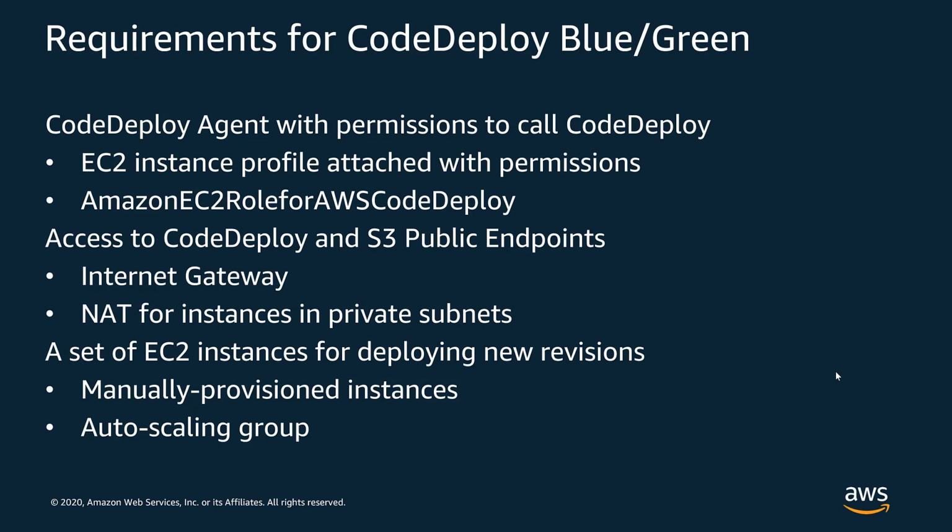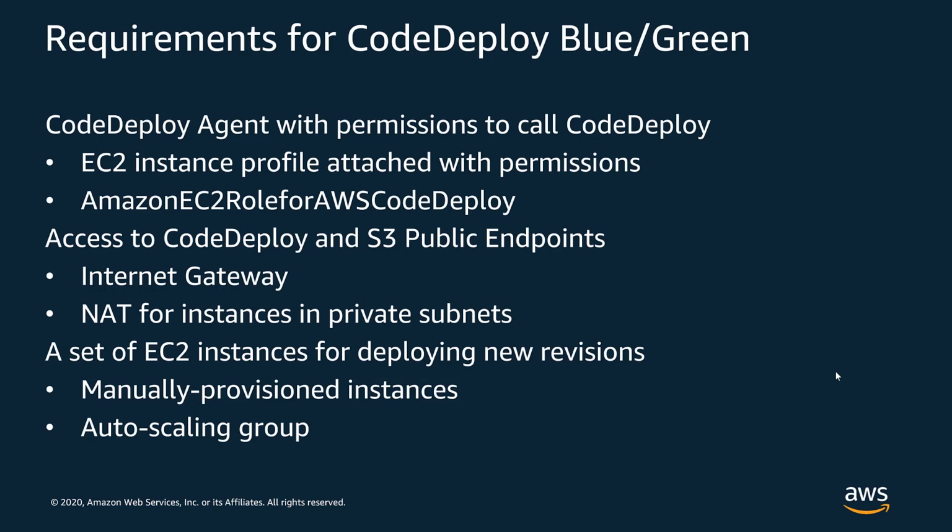We'll also need to make sure that the EC2 instances my applications are running on have the ability to access the CodeDeploy and S3 public endpoints. To do this, we'll need to ensure that the VPC my EC2 instances are on have access to the internet through an internet gateway. If I'm launching my application on EC2 instances in private subnets, we'll need to make sure that those private subnets have access to a NAT or a NAT gateway so that they can have access to the outside world.